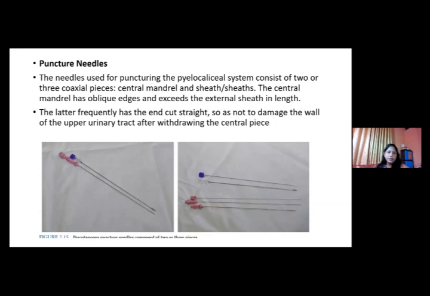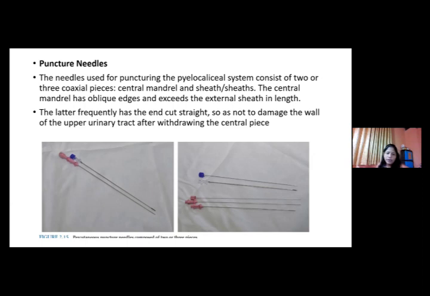Then we are coming to the puncture needle. The puncture needle is mainly used in PCNL. It has two pieces: the central part is a sharp central stylet, and the outer sheath. The central part is elongated compared to the outer sheath.